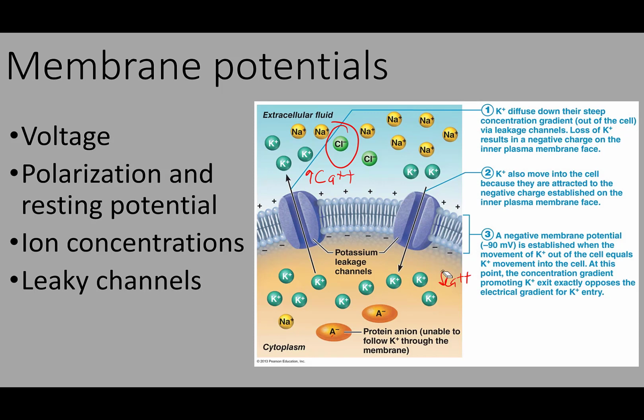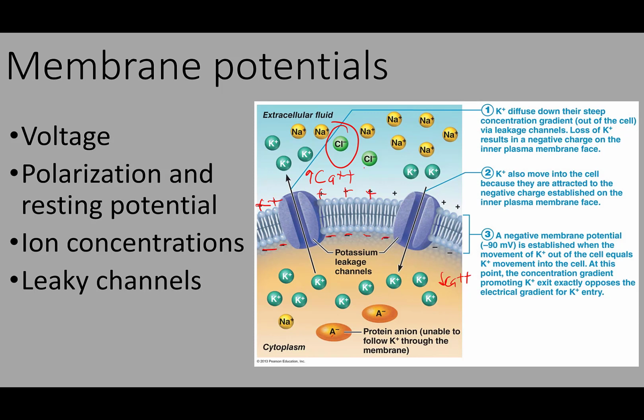Now, because of all of these different charges, and because of the separation of those charges, and because of the permeability of the plasma membrane to some of these ions more than others, what happens is there is a slightly positive charge outside the cell compared to inside the cell.